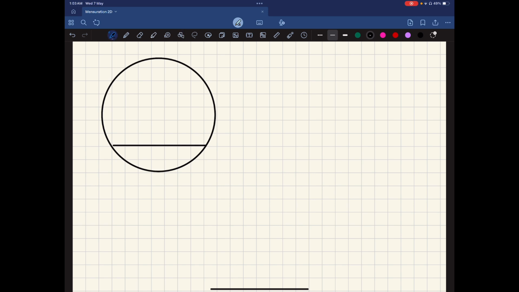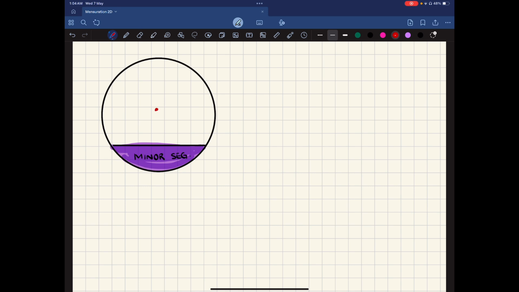If they ask us to find the area of the minor segment, there is no one formula that can help us find this area. So what are we going to do? Just like we do in the case of compound shapes, we are going to divide it into shapes whose area formulas we know.